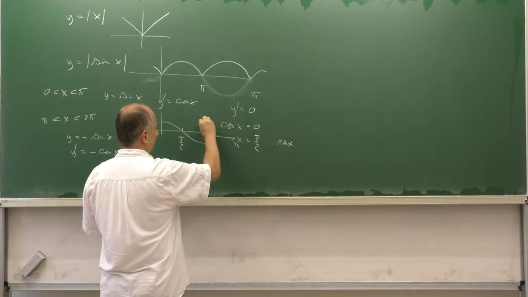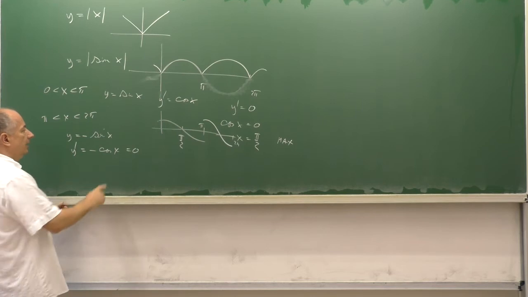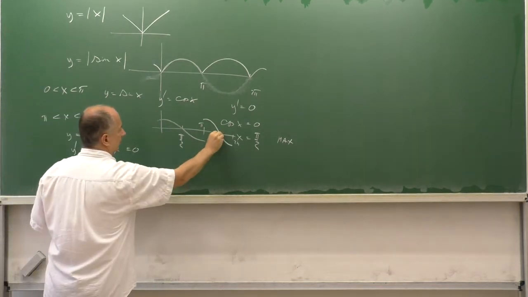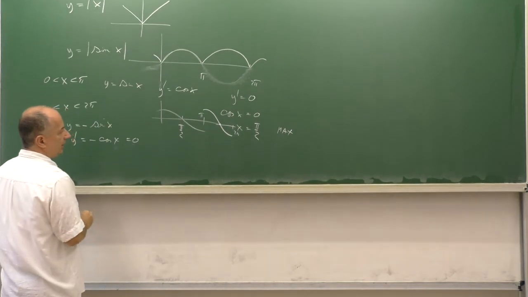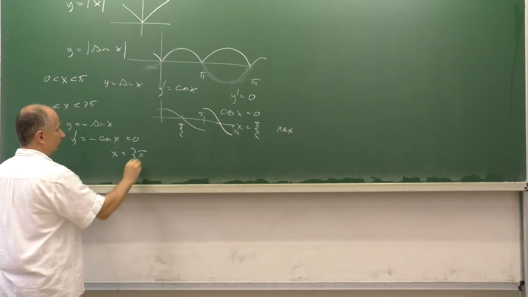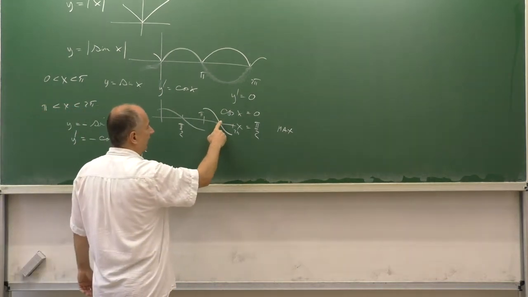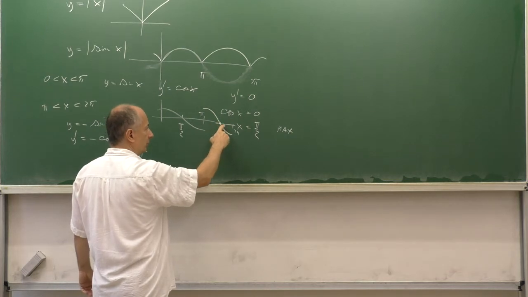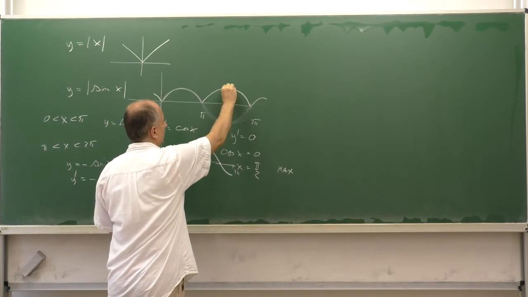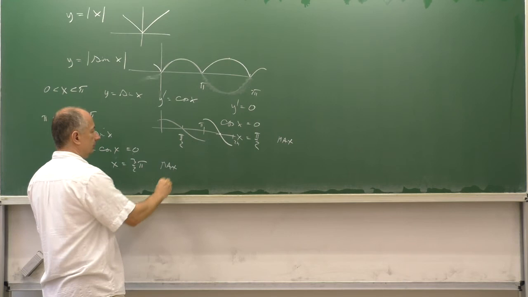Cosine looks like that, and minus cosine looks like that. And again, this equation in this interval has a root in x is 3/2 of pi. And the derivative again changes from positive to negative. So the function changes from increasing to decreasing, and it has again maximum.